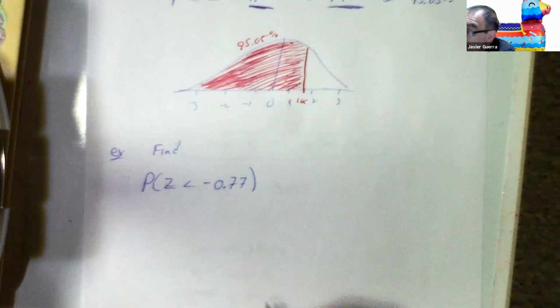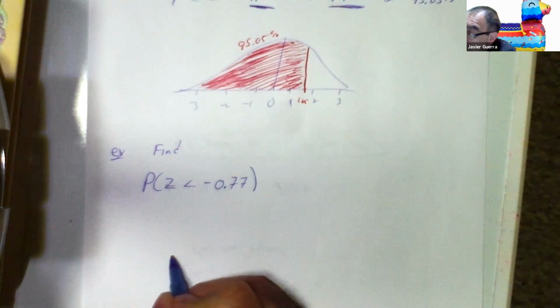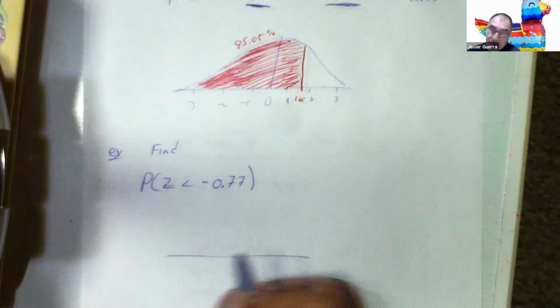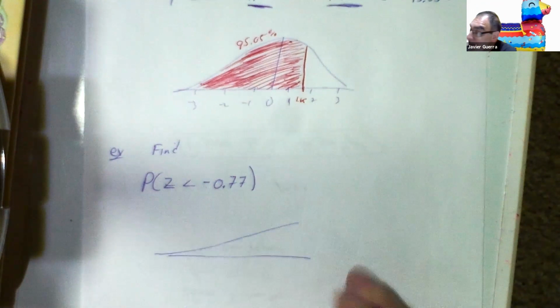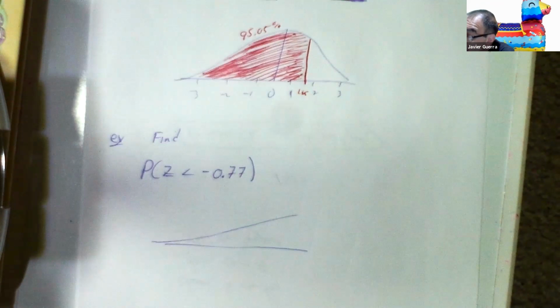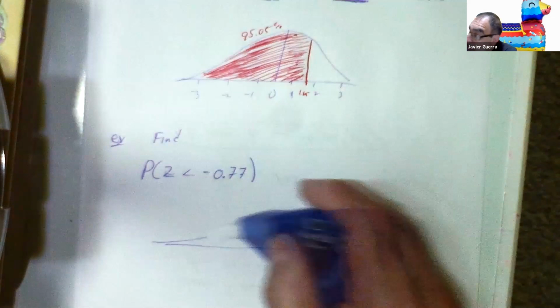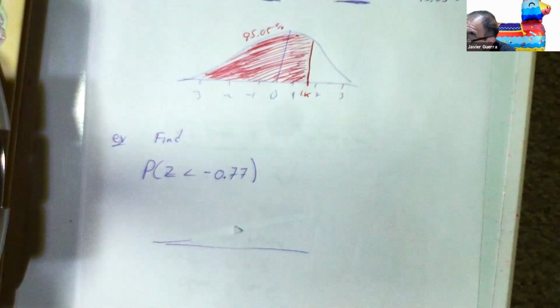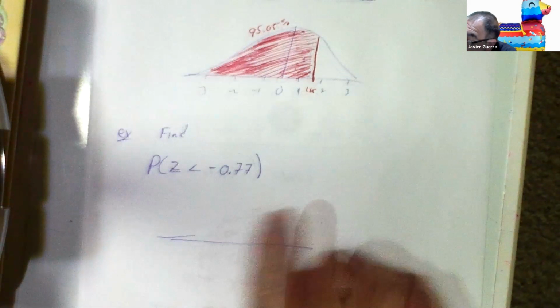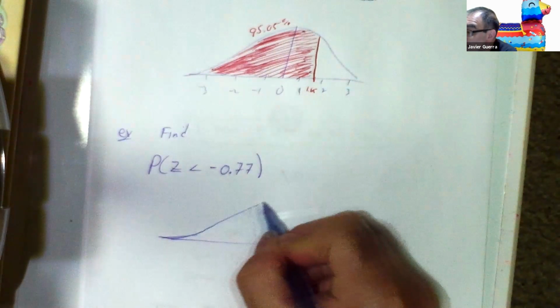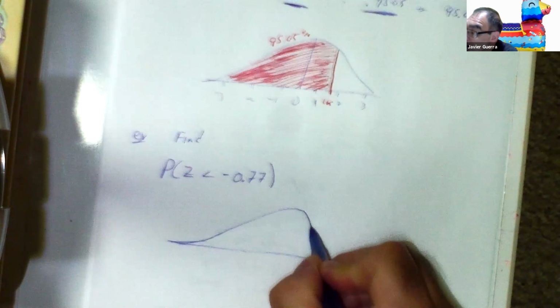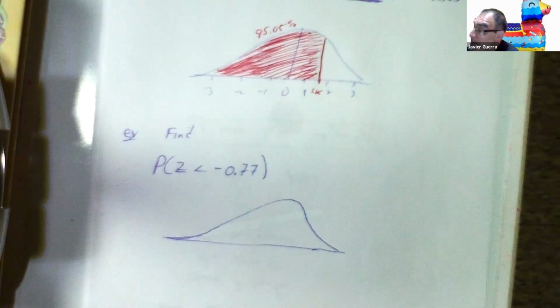So you draw your graph. You attempt to draw the graph. That was just atrocious.